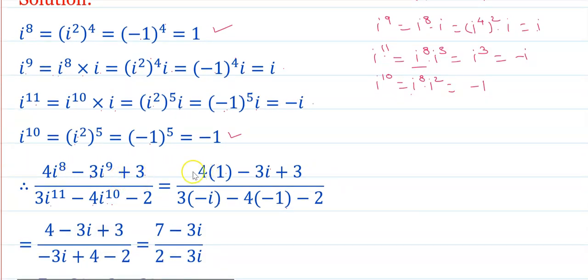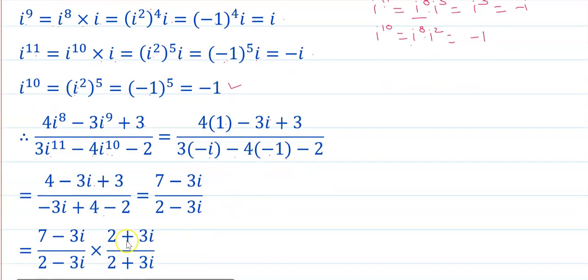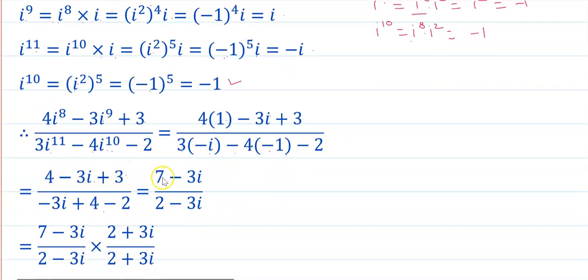Okay. 4 into 1. Next, minus 3I plus 4 upon 3 into minus I, minus 4 into minus 1, minus 2. Now this is 4 minus 3I plus 3 upon minus 3I plus 4 minus 2. 4 plus 3, 7 minus 3I.